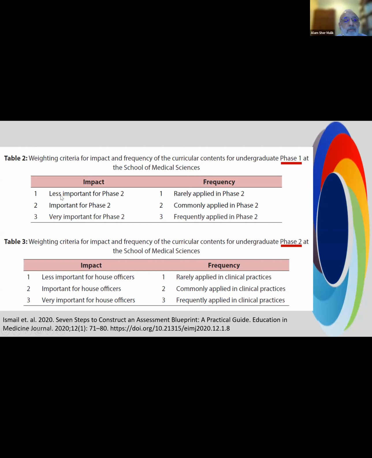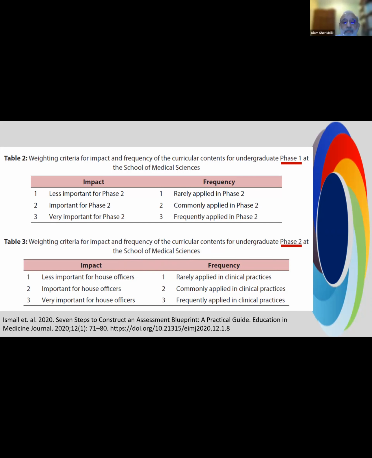Similarly for frequency, and then from graduation to house officer. So in this way, we assess the impact and the frequency: impact based on the importance of that topic in the clinical phase, and frequency based on how frequently we see it.